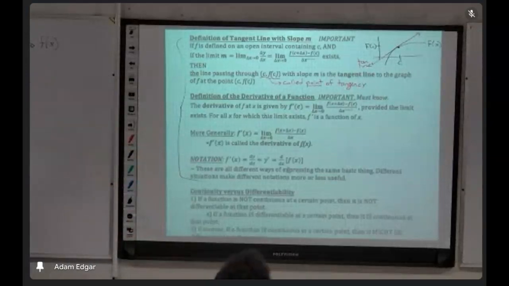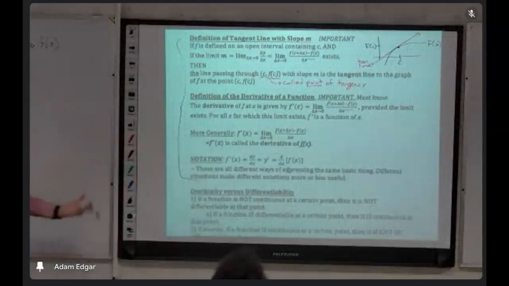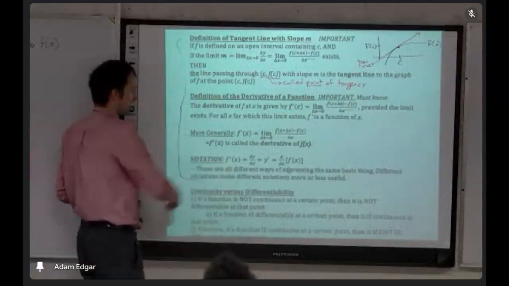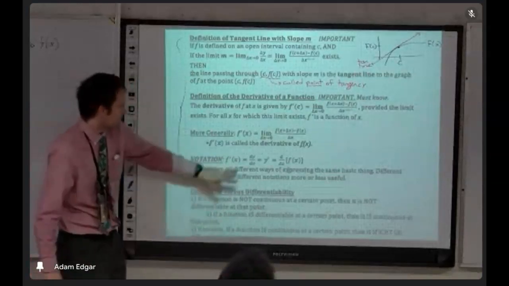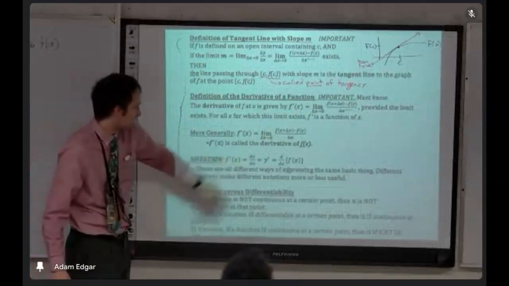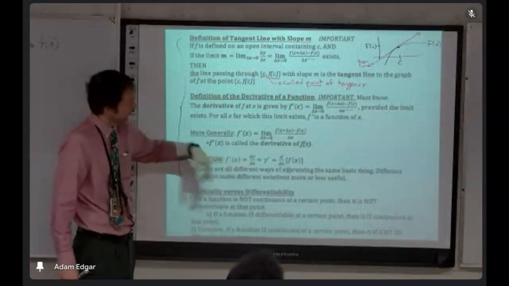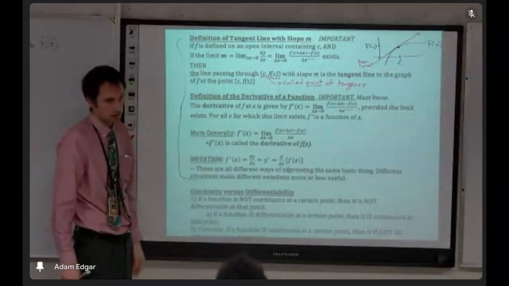And then these are just different ways of notation. We have a lot of ways of expressing the derivative with symbols. We can express the derivative with f prime of x, with the apostrophe. We can call the derivative dy dx. I know it's dy over dx, but for whatever reason, we always say dy dx, even though it's dy over dx.